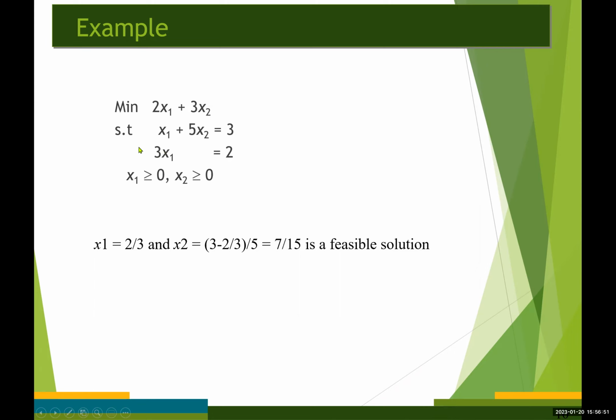And then if you plug that in, the first constraint will give you x2 equals 7/15, right? So actually, this is the only solution to the problem, so it is also the optimal solution to the problem as well, okay? Of course, the optimal objective function value would be 2.73, from the objective function, with x1 equals 2/3, x2 equals 7/15, right? So this case is very simple, straightforward.